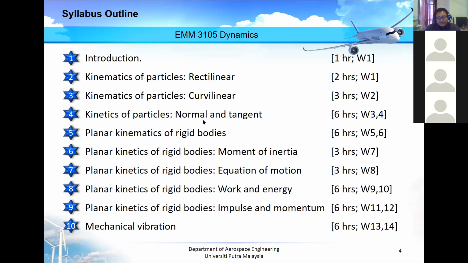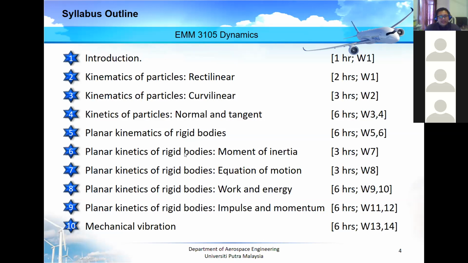Kinetics of particle, normal and tangent. I think you can recall what you have learned when you took physics subjects, where for any force, you can resolve that particular vector into the normal component and the tangential component. And then planar kinematics of a rigid body.